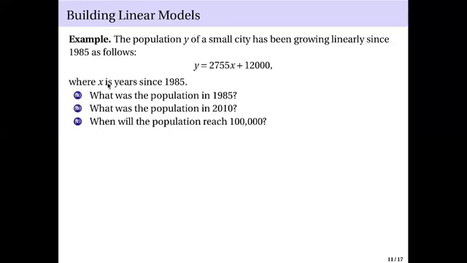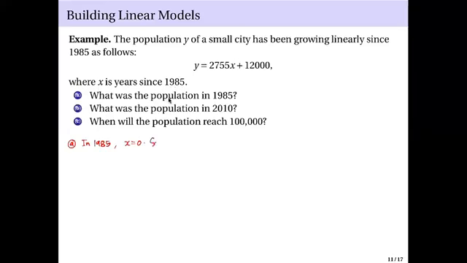So in here, X is years since 1985. Okay? So in 1985, the value of X will be 0. Okay?